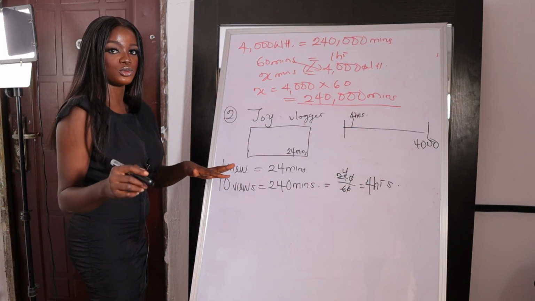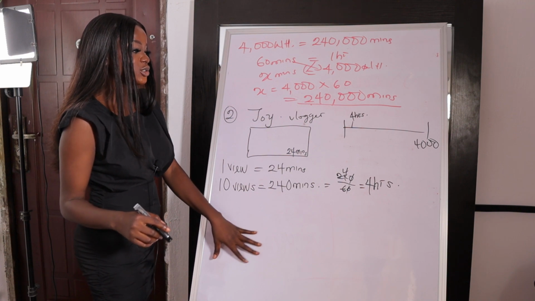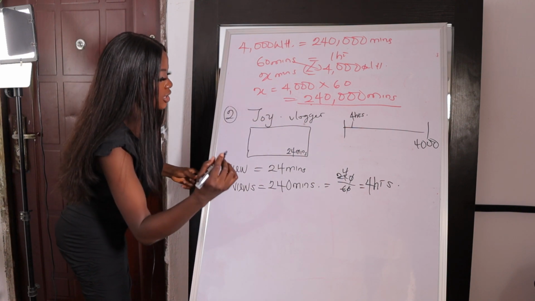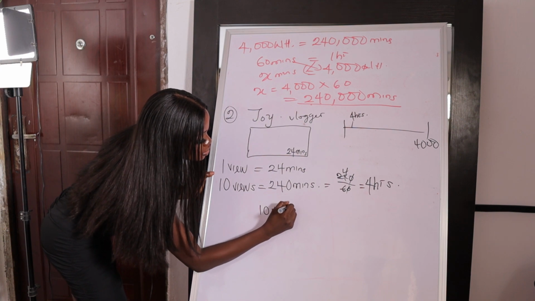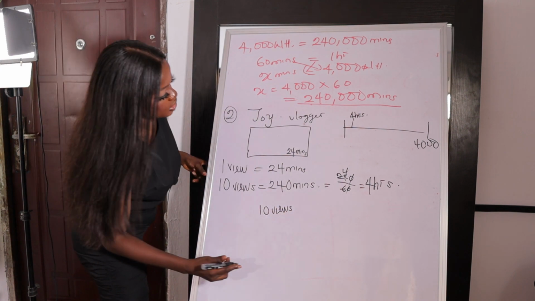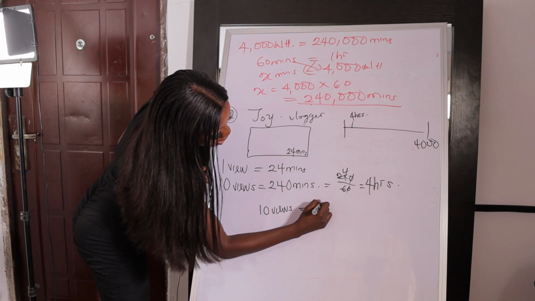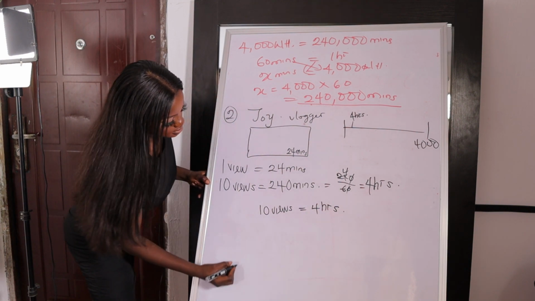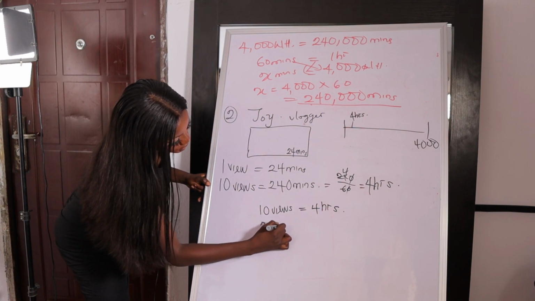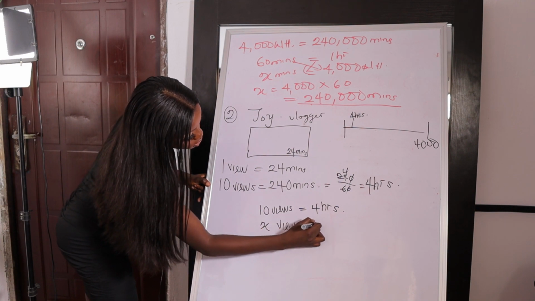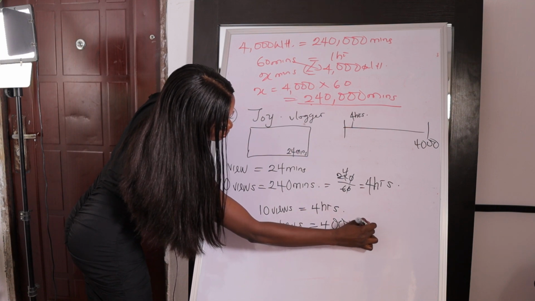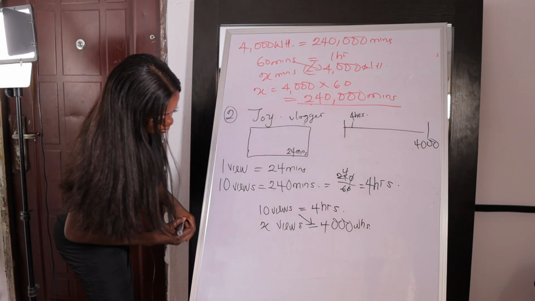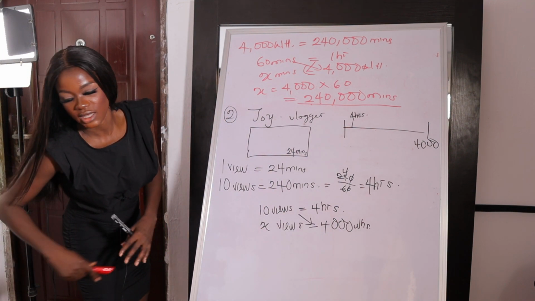Now, how many views will Joy need in order to achieve our 4,000 watch hours? So again, if 10 views gives us 4 hours, we are going to have X views to give us 4,000 watch hours. So we cross multiply again. I want to be doing it so that you guys can see.